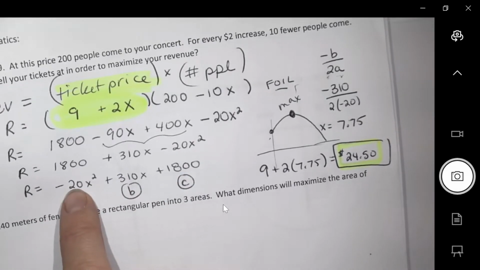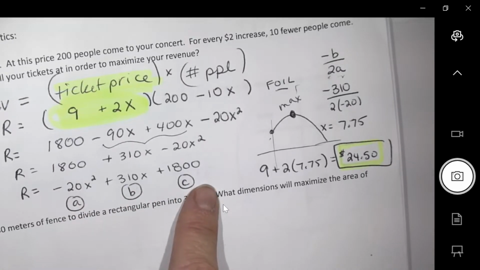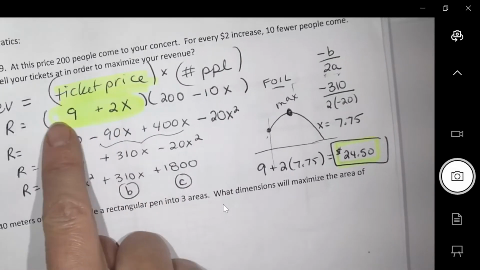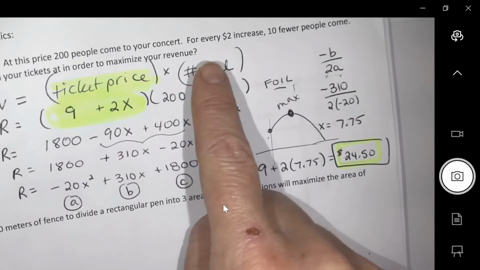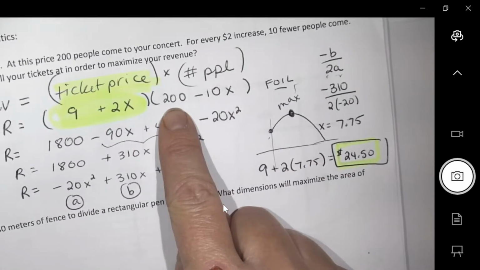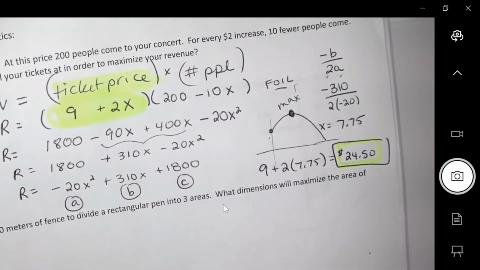Revenue equals negative 20 times 7.75 squared. But if I ask for ticket price, you're going to plug it into this bracket. What if I asked you how many people are going to show up? You're going to go 200 subtract 10 times 7.75. So watch what I'm asking for, because you're going to have to say, where do I plug it in at the end?